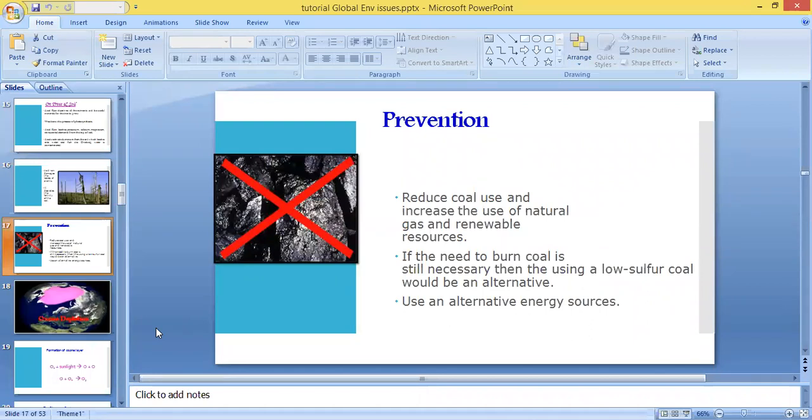If the need to burn coal is still necessary, then using low sulfur coal would be an important alternative. Another one is to use an alternative energy source. So these are some of the preventions and suggestions.